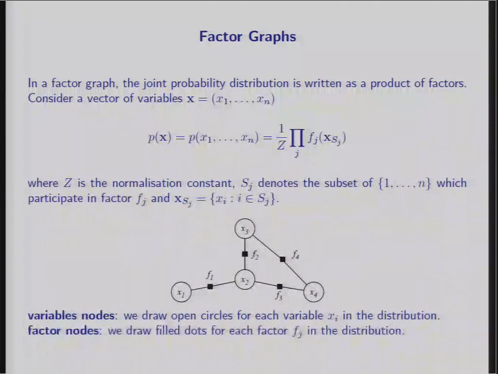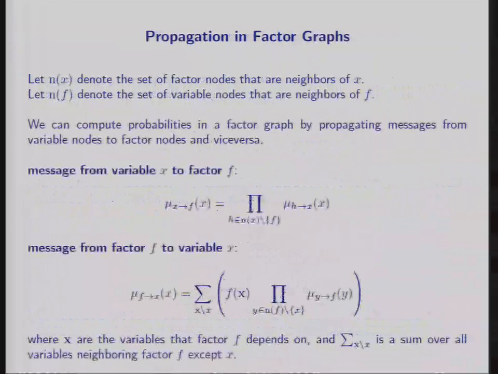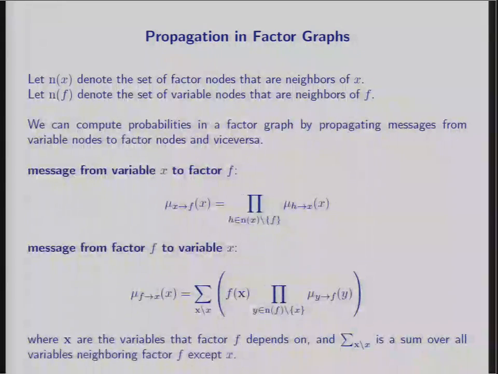So, for example, variable 4 is connected to factors 3 and 4. So n of 4 is 3, 4 in this case. And similarly, let's say n of f denotes the set of variable nodes that are connected to factor f. So it's a bit of an overload of this neighborhood notation. Okay?